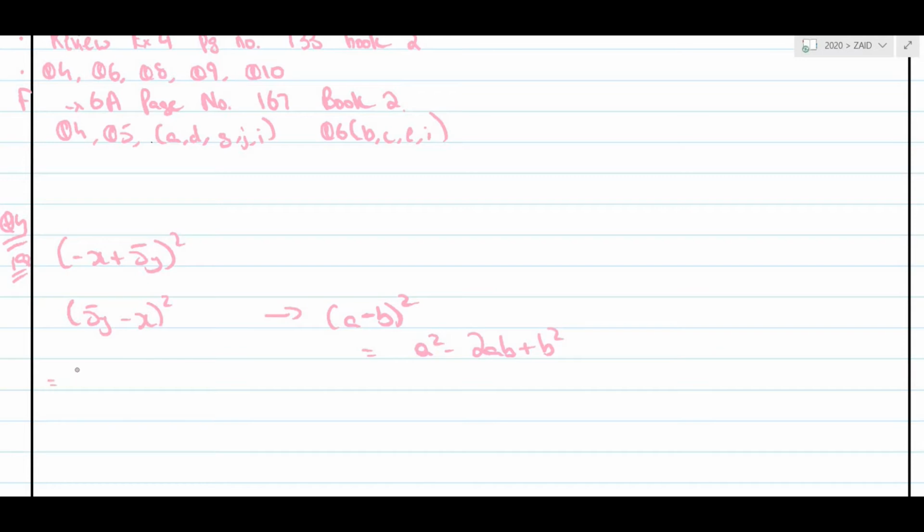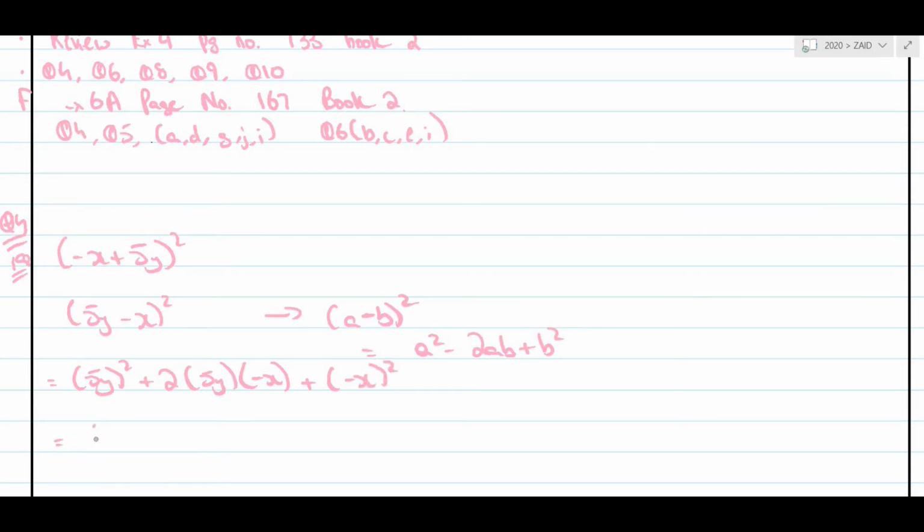Now in this case, we would consider 5y as a, therefore (5y) whole square plus 2, the value of a is 5y and the value of b is minus x, plus (-x) whole square.